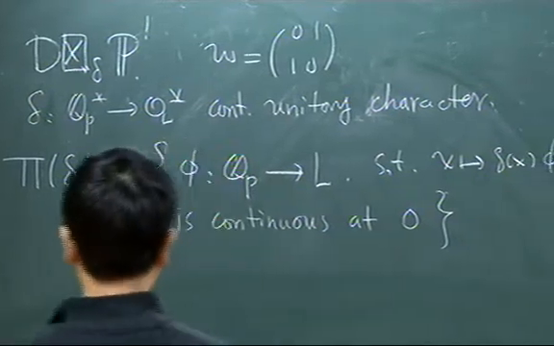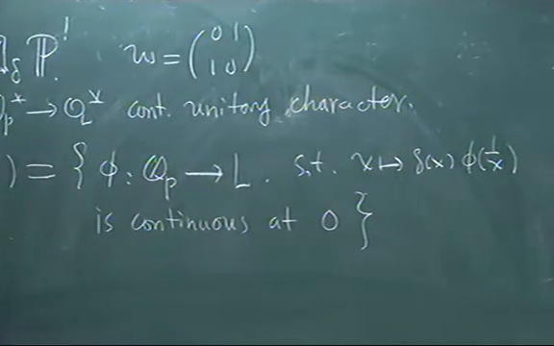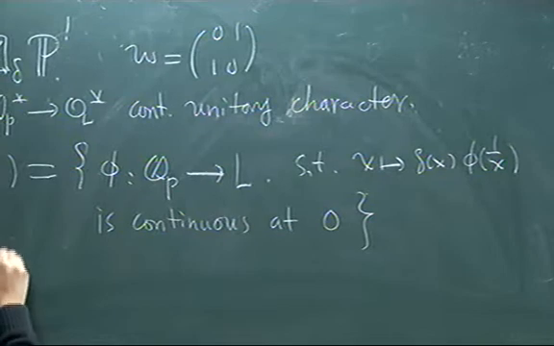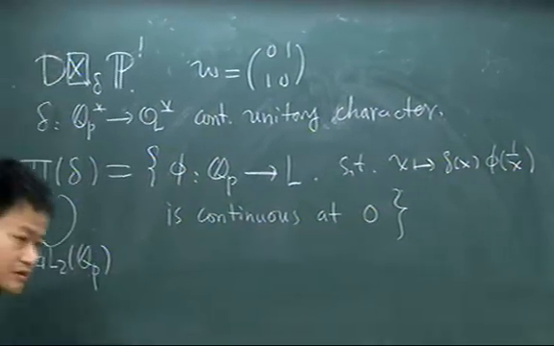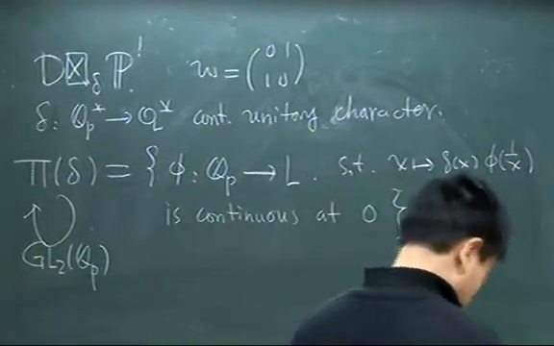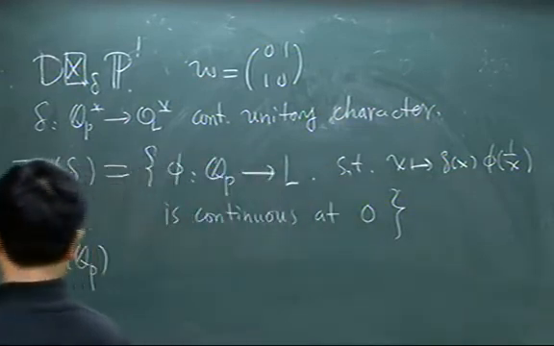So this one is a GL2(Q_P) module. What is the action of GL2(Q_P)?